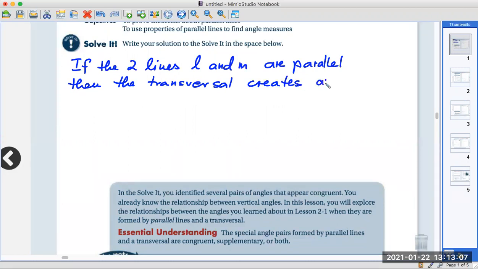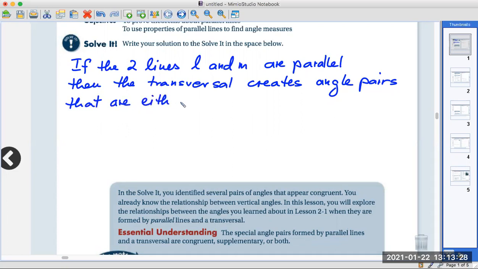angle pairs. Remember how many there were? There were 8 angles and 4 angle pairs, and if they pair up, there's 4 different angle pairs that are either equal. Those are the two choices.